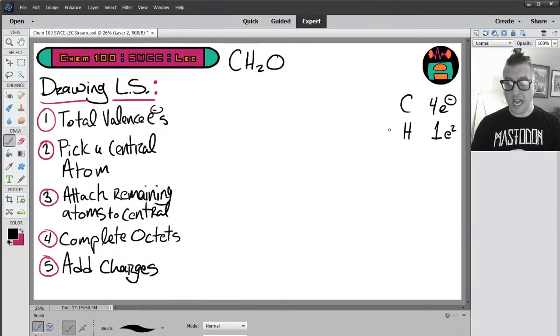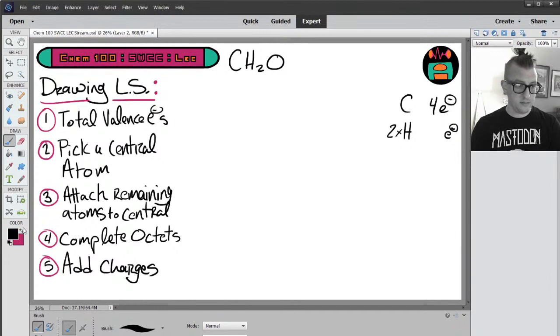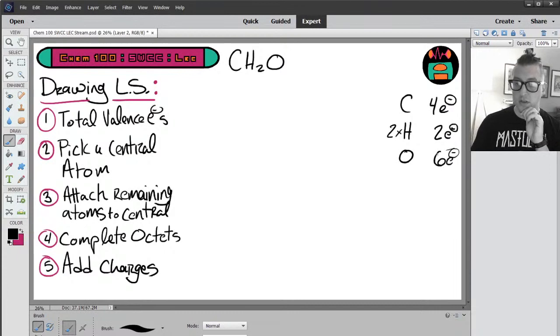But there are 2 hydrogens in this molecule, so both of them together bring a collective 2 valence electrons to our budget. And then oxygen has 6 valence electrons. So we have a total budget of 12 electrons to spend.